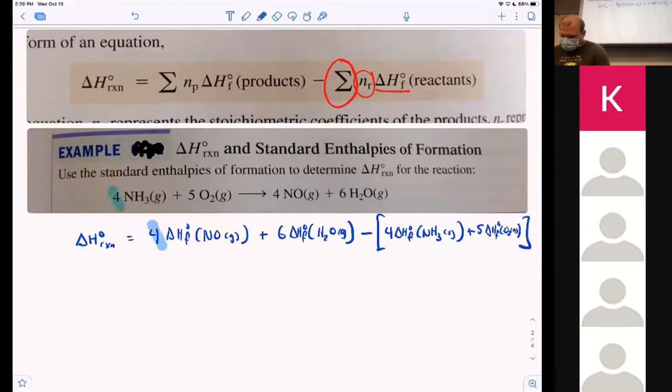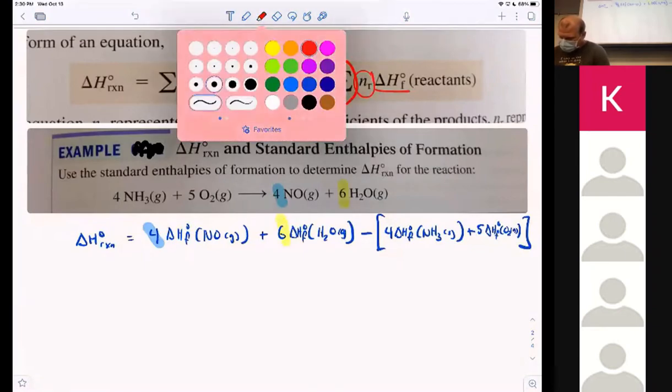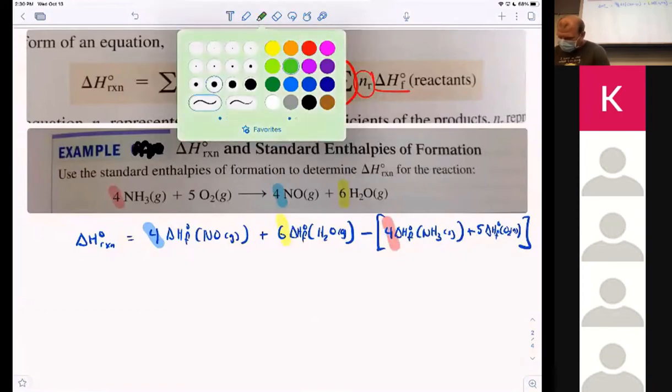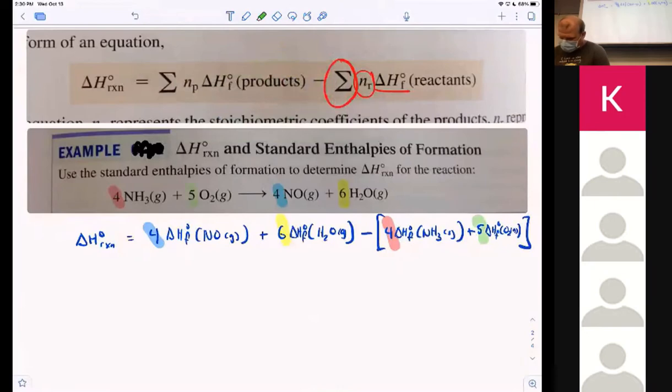You get the 4 from here, 4 from there, 6 from there, that 4 from there. We'll do green. Hopefully, if you're colorblind, I'm just using different colors to show where they're at.